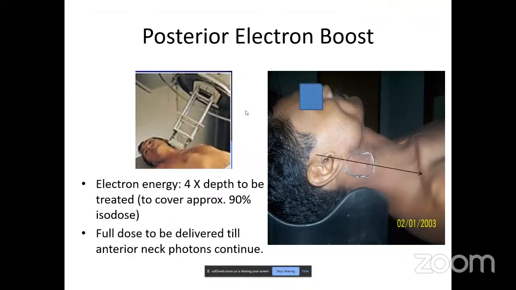For that, as I mentioned, the marking of the lymph nodal region or lymph nodal border is important at the time of simulation, because you have to have the image of the wire while planning the posterior electron boost, and to reduce the posterior border of your phase 2 bilateral portal.